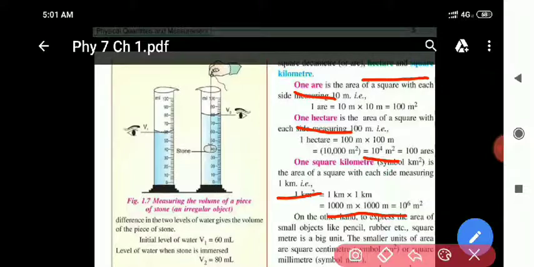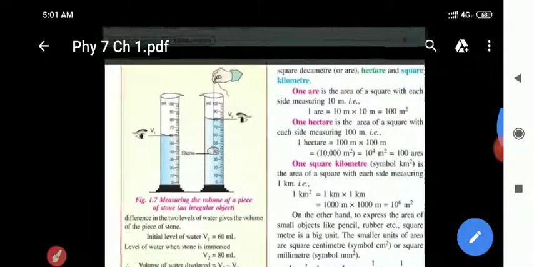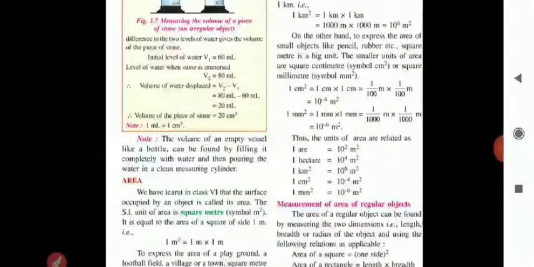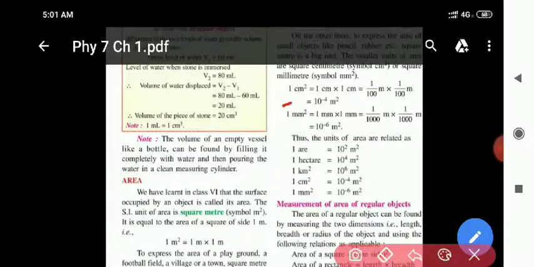Now if we have to express the area of smaller objects like a pencil or rubber, square meter is a big unit. The smaller units are centimeter square or millimeter square, and the relations of different bigger or smaller units with the meter are also given, because meter is the SI unit.